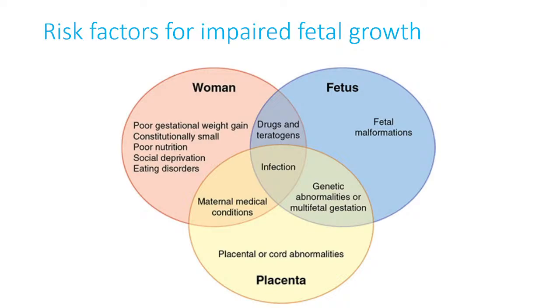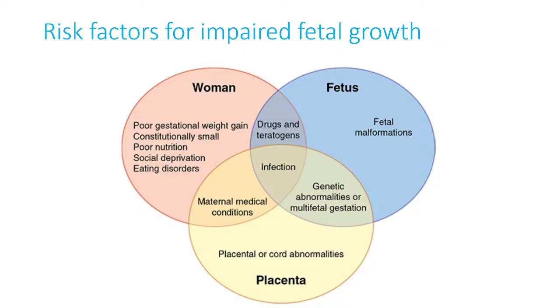In the pregnant woman, if there is poor gestational weight gain, if the woman is constitutionally small, if nutrition is less, any social deprivation or eating disorders are there, then the causes are lying in the lady. And in the fetus, if fetal malformation is there, that also causes FGR. In the combined woman and fetus category, drugs and teratogens will affect both the mother and the fetus, and that's why it is in the overlapping category.